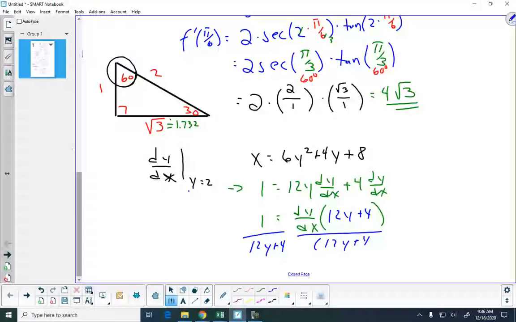And once we solve for dy/dx, we can evaluate this at a value of y equals 2. When I initially did the problem, I found the x value too just in case I needed it. Didn't need it. But we get a y value of 2.